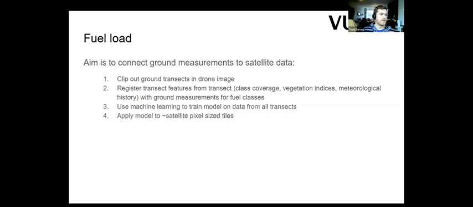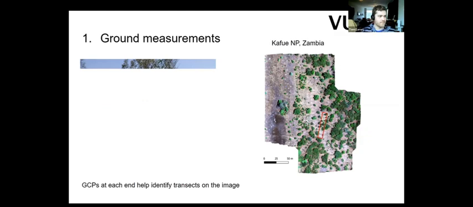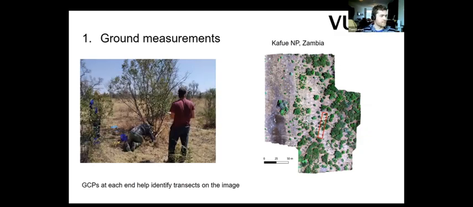Landsat. So a picture that you're perhaps familiar with already from earlier presentations, but we first put in some transects. We measure fuel load in different classes: grass, litter, woody debris, tree count, as well as shrub count.